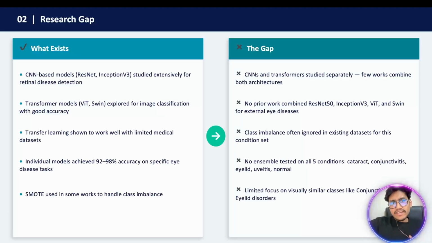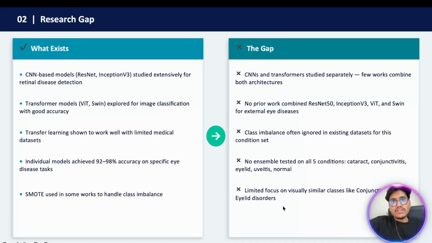No ensemble had been tested on all five conditions together, like cataract, conjunctivitis, eyelid disorders, and the others, at the same time. And there was limited focus on visually similar classes.